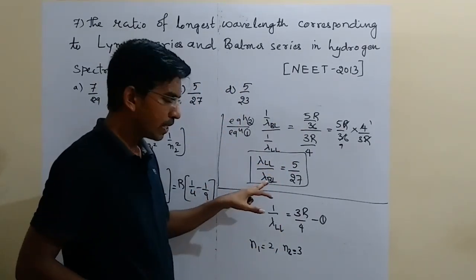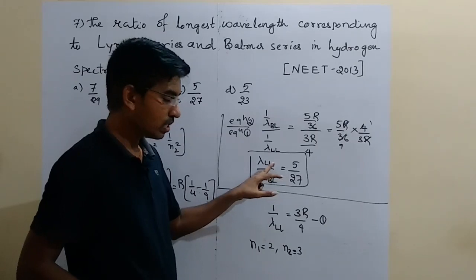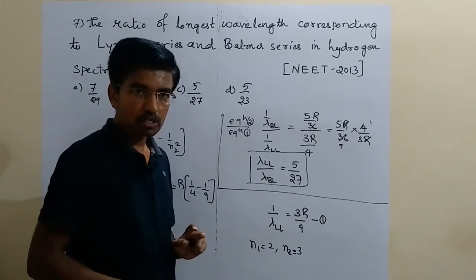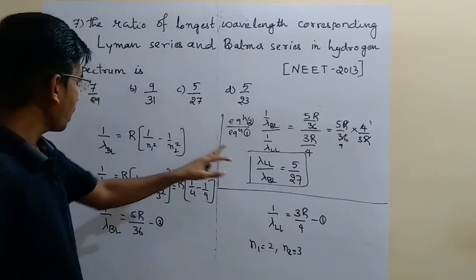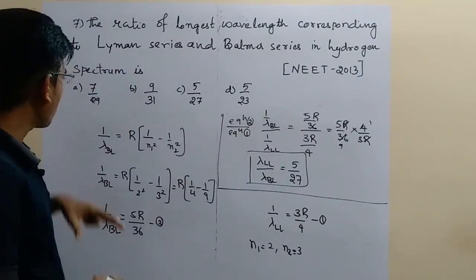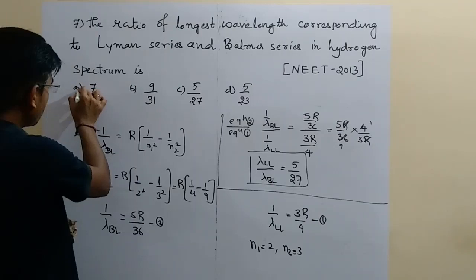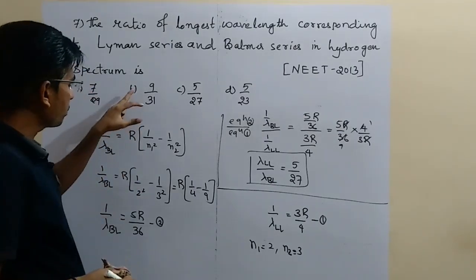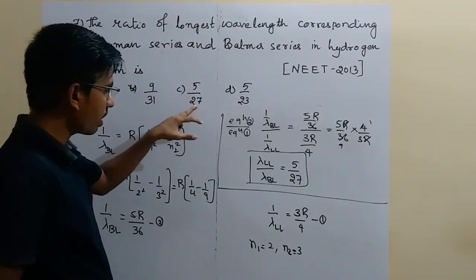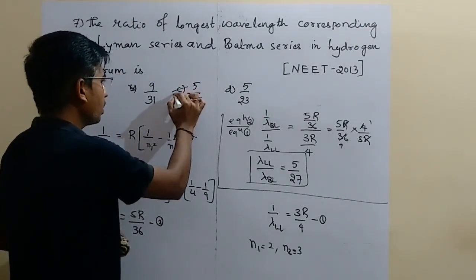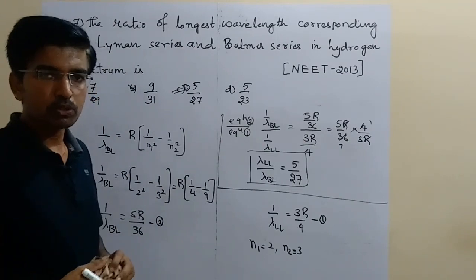This is the ratio of the longest wavelength of the Lyman series to the longest wavelength of the Balmer series. The answer is 5 upon 27. Let us check the options one by one. Option A is 7 upon 29, so this is wrong. Option B is 9 upon 31, this is also wrong. Option C is 5 upon 27, so option C is the right option for this question.